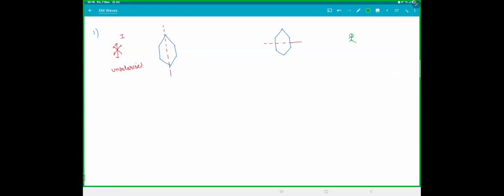Right, nothing. When it goes through this unpolarized, the intensity becomes I by 2. It becomes polarized, and then when it goes through this, here theta is 90 degrees. You will see there is no wave. You'll see complete darkness.